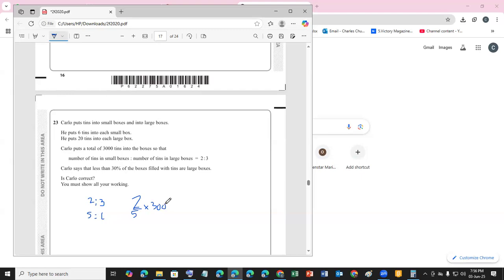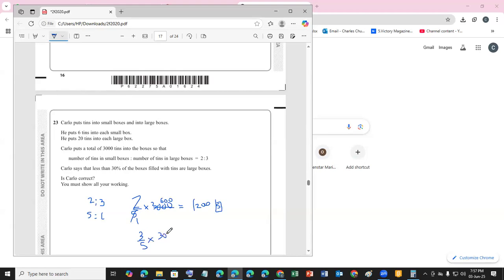Are you good with that? Yeah. Okay. So that will give me 5 into 3,000, that's 600. And 600 times 2 is 1,200. So this is for small. And then for large, that's 3/5 times 3,000.